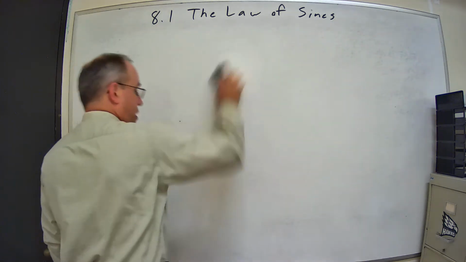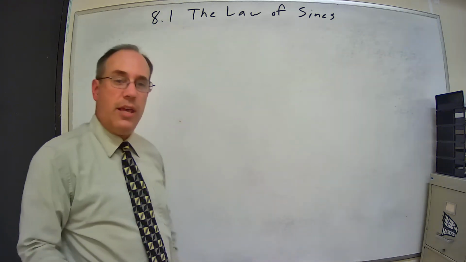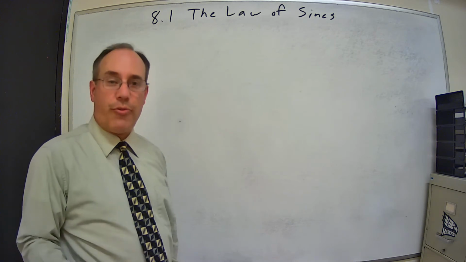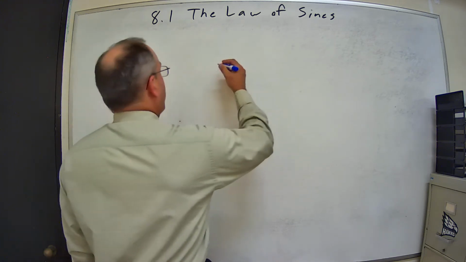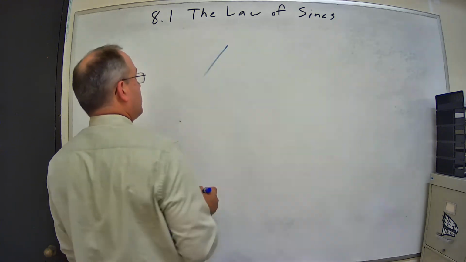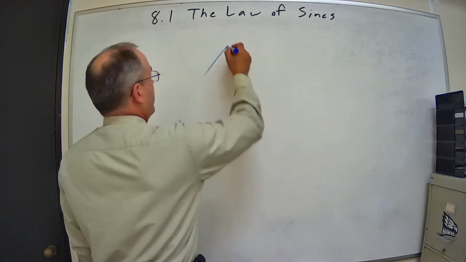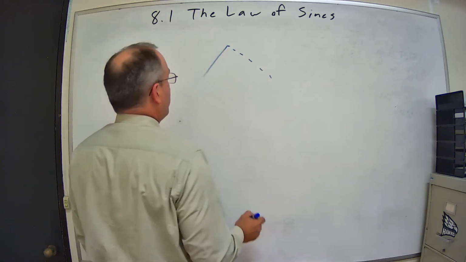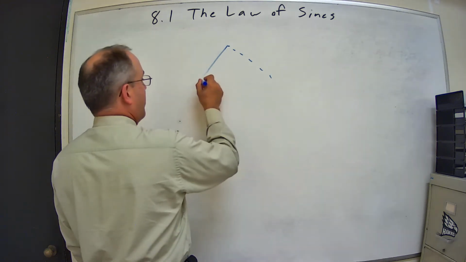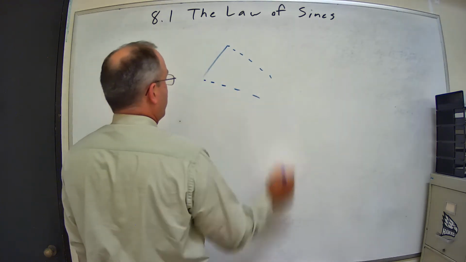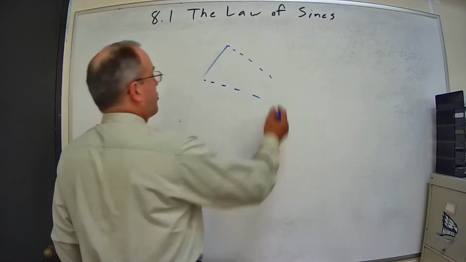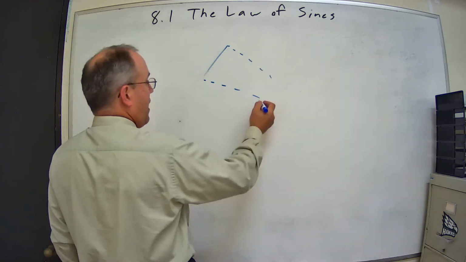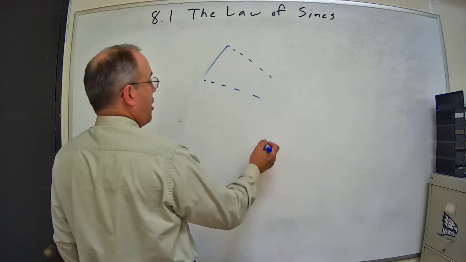The third way that we can guarantee congruency is to have the lengths of all three sides. Because if I have the length of one side, and the length of another side, and the length of the other side, then there's only one way that these two points are going to match up.